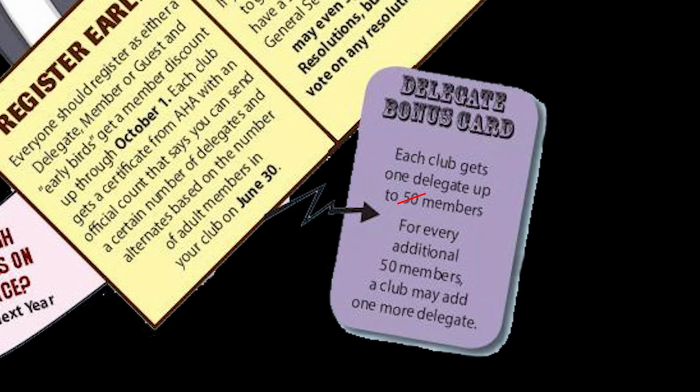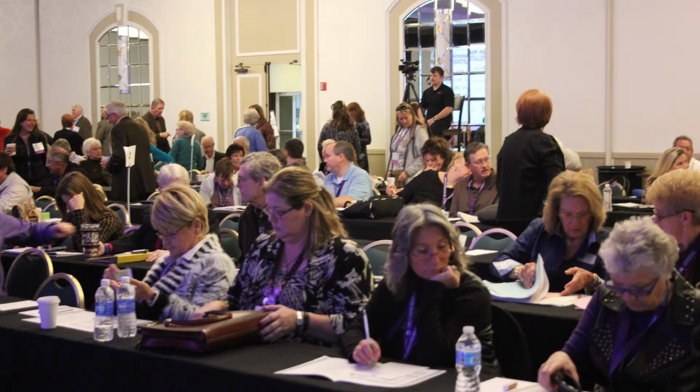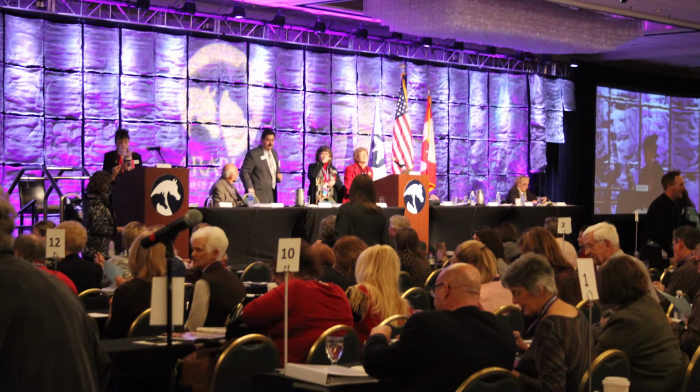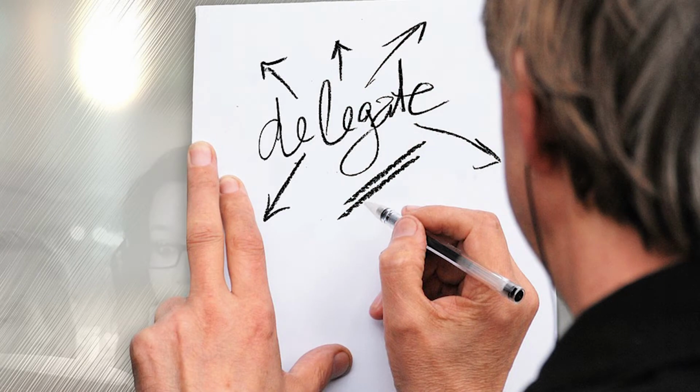It is now every 35 members in which a club will receive a delegate instead of every 50 members. We encourage clubs to submit delegates and actually have those delegates attend so they can put forward their input as to whether a resolution should be passed or not. Want to make sure your resolution doesn't get turned down? Give yourself voting power at convention by becoming a delegate.